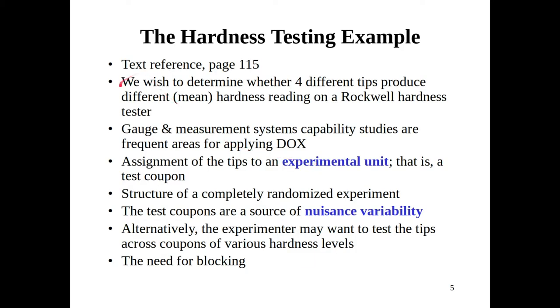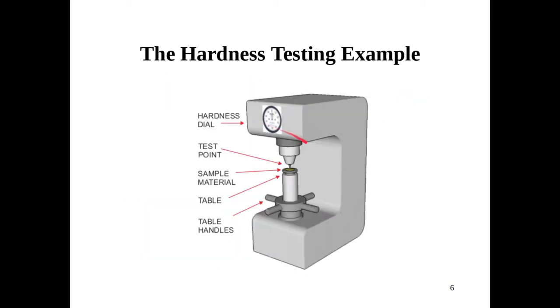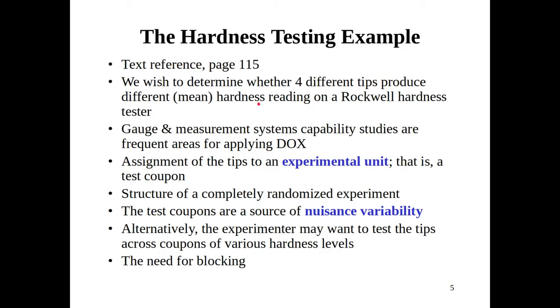Now the problem here is, we wish to determine whether four different tips produce different mean hardness readings on a Rockwell hardness tester. If we use four different tips from maybe four different suppliers, ideally we would like to have exactly the same hardness testing result, right?